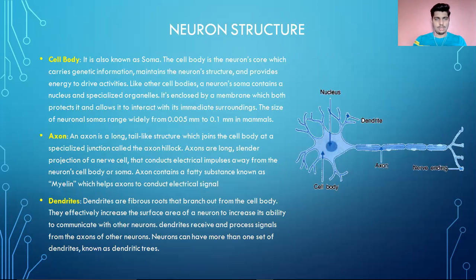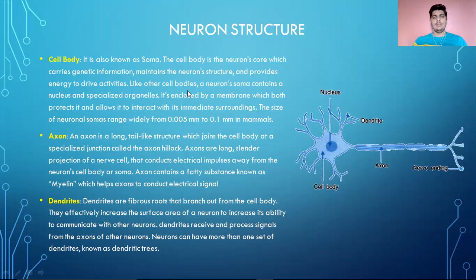So, neuron structure. It basically has a cell body, axon, and dendrites. The cell body, also known as soma, we can see here in this image, this is the cell body. The cell body is the neuron's core, which carries genetic information, maintains the neuron structure, and provides energy to drive activities like sending and receiving electrical signals and processing those signals.